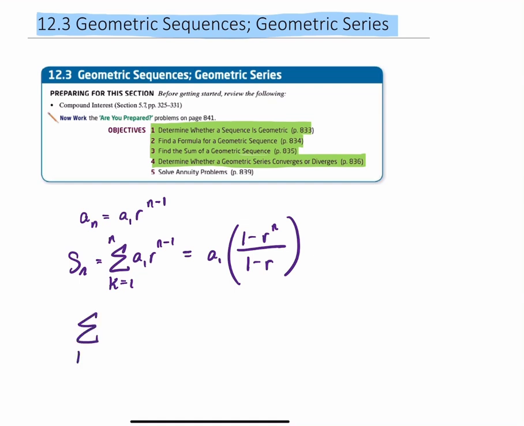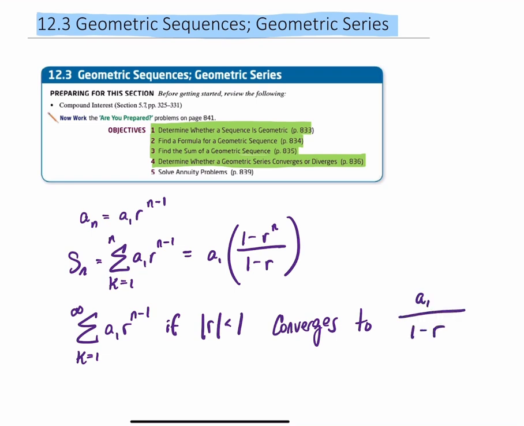So for an infinite sum, k going from 1 to infinity, if specifically r is a fraction, so we can say the absolute value of r is less than 1, then it converges to a sub 1 over 1 minus r. And we can kind of see that here.